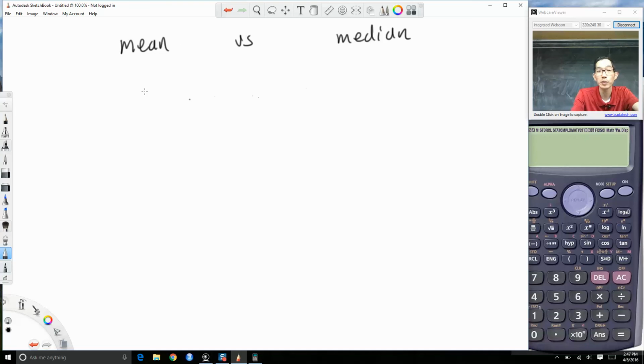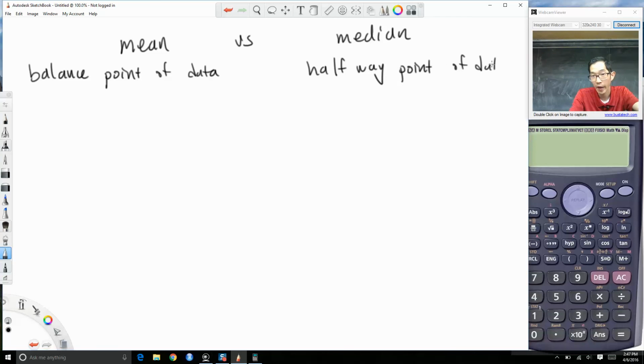The mean can be thought of as the balance point of our data. The median can be the halfway point of our data. The mean is affected by extreme values.